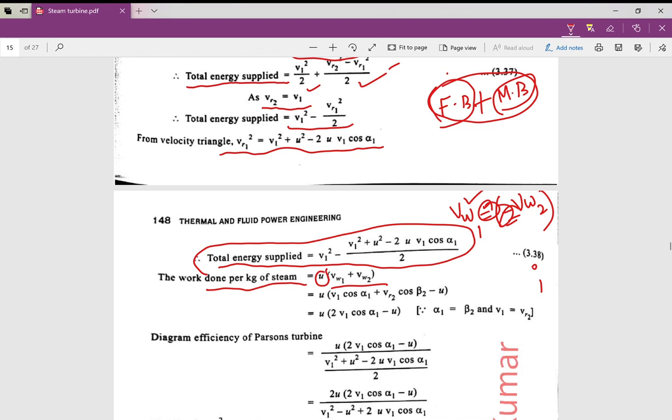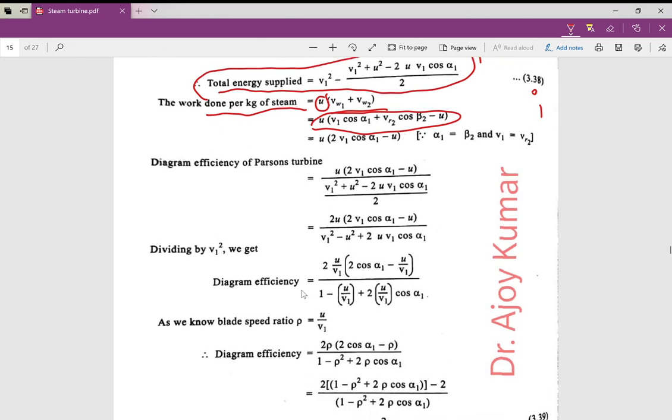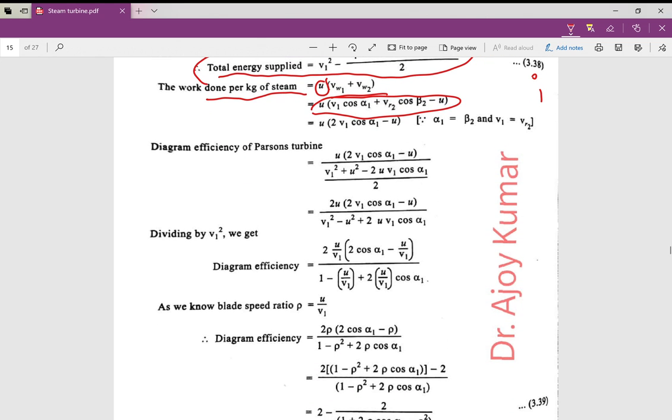Right? Now this U is taken out, V1 cos alpha 1 plus Vr2 cos beta 2 can be written for this total Vw1 plus Vw2. If you look at velocity triangle, let me draw once again.